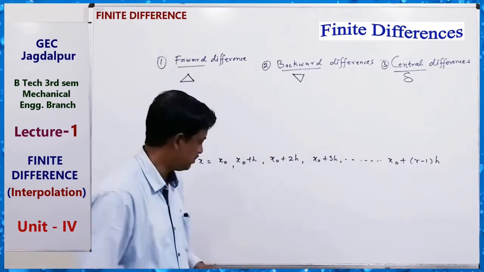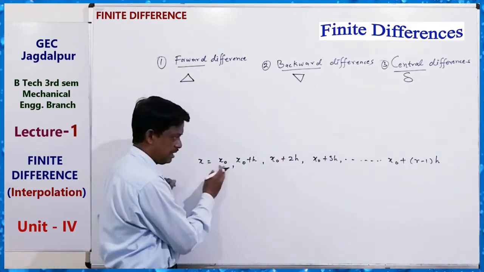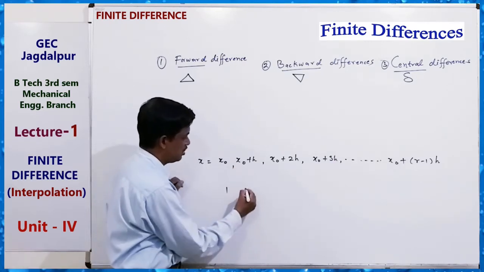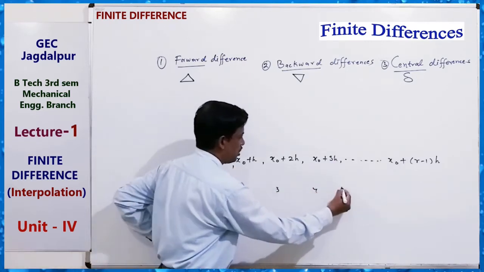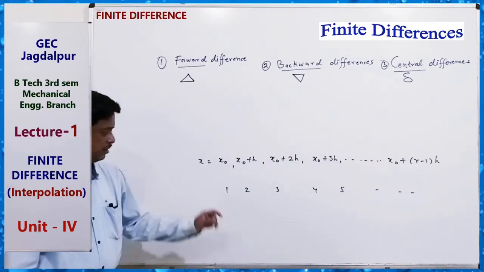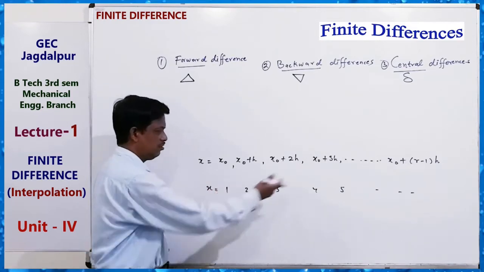Interval means the first value is x0, and you can put x0 equal to 1, then values like 1, 2, 3, 4, 5 and so on, at equal interval.